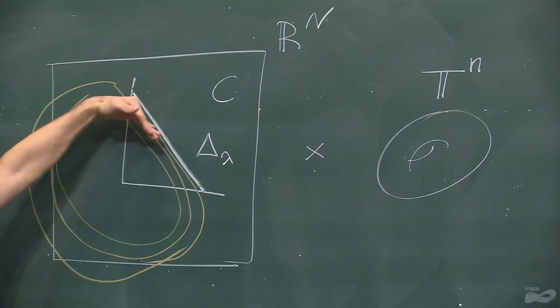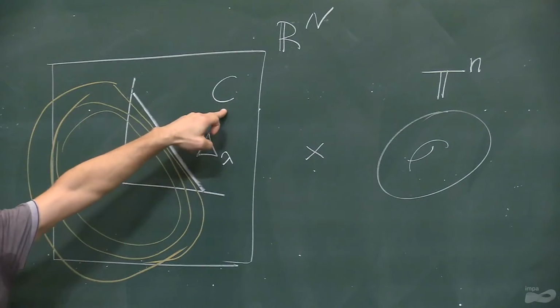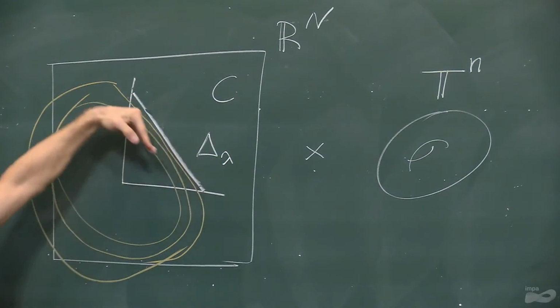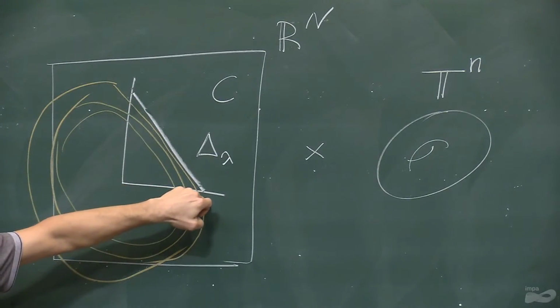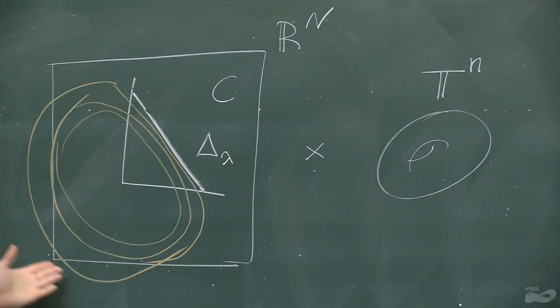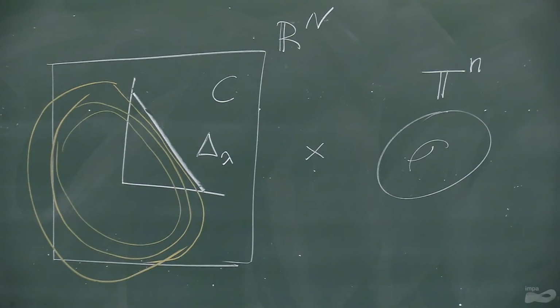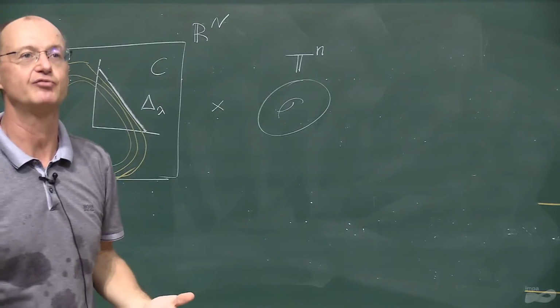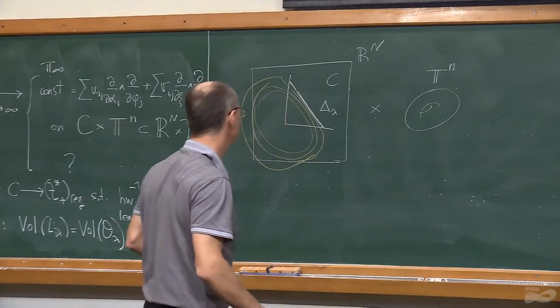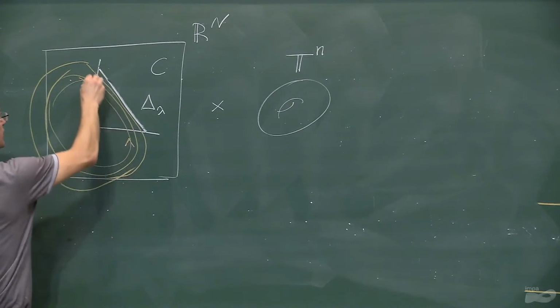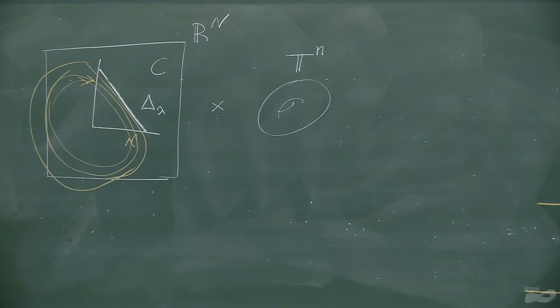The symplectic leaf, when it meets the cone, will get closer and closer, actually exponentially fast. It will fall on this delta lambda. But actually, it will have huge parts outside. However, on the symplectic leaf, you have a symplectic form, right? And this symplectic form wants to flow to the intersection with the cone.